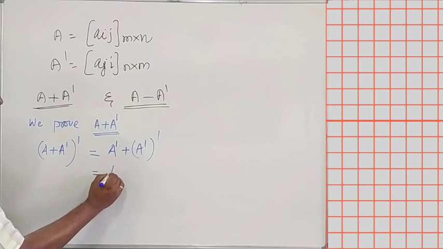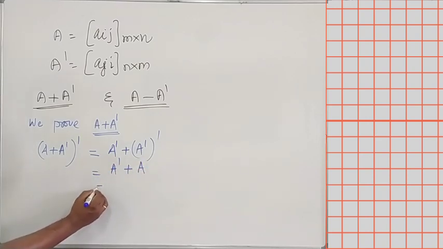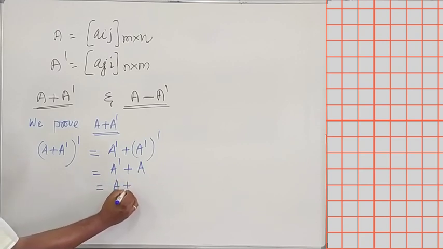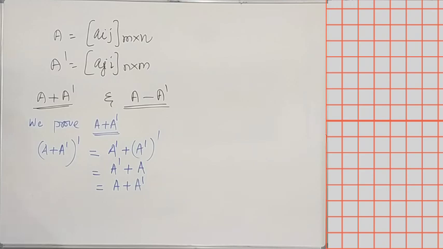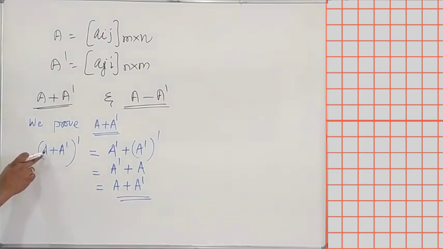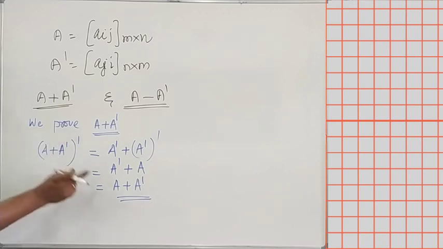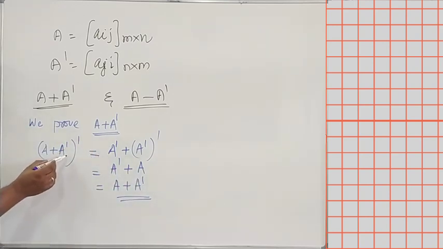And that's equal to A transpose plus A, and that's equal to A plus A transpose, because matrix addition is commutative. So A plus A transpose whole transpose is equal to A plus A transpose, which shows that A plus A transpose is a symmetric matrix.